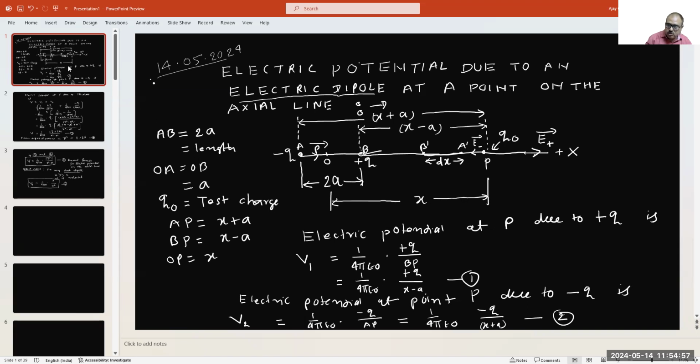V1 is 1 upon 4 pi epsilon naught times Q by x minus a. Equation 2, V2 is 1 upon 4 pi epsilon naught times minus Q by x plus a.